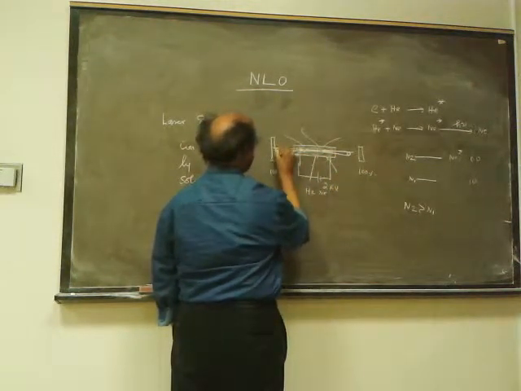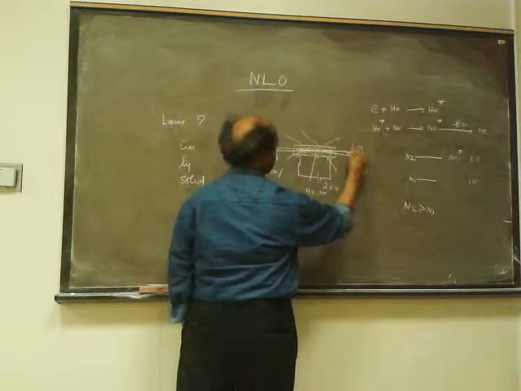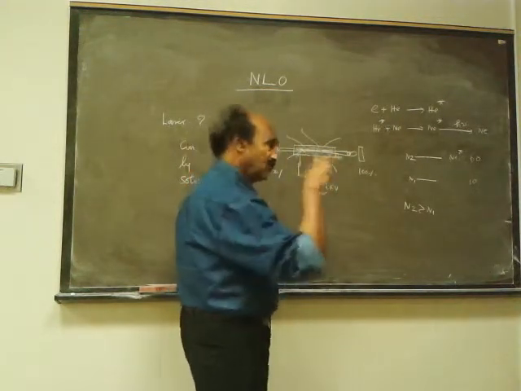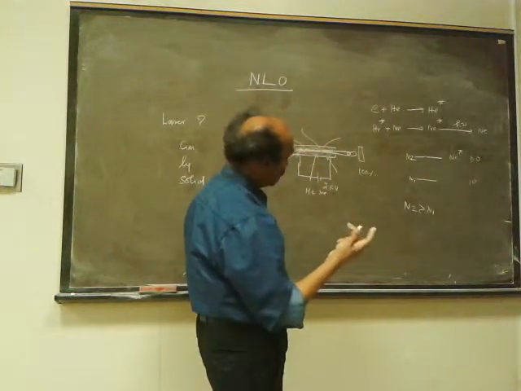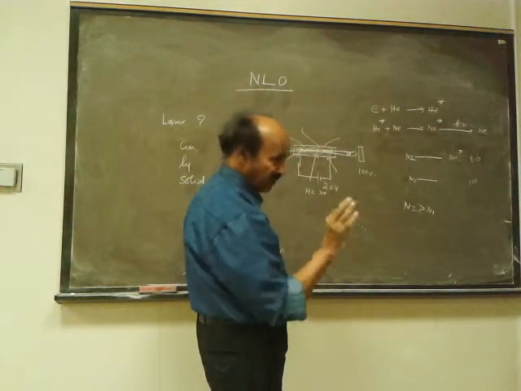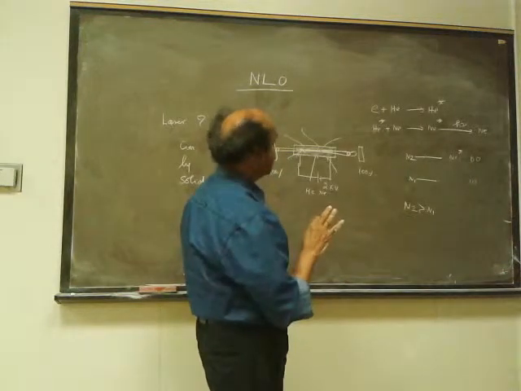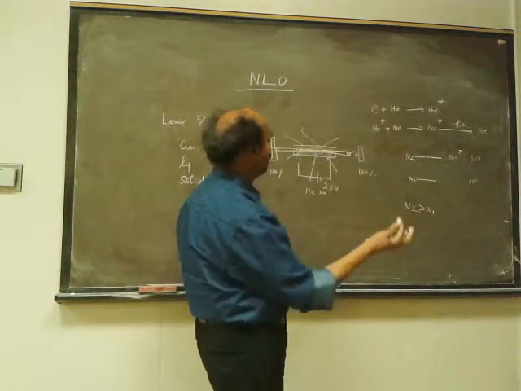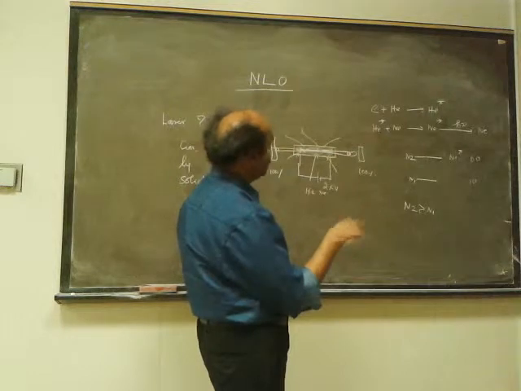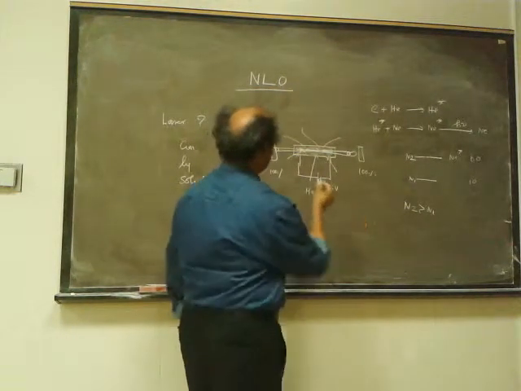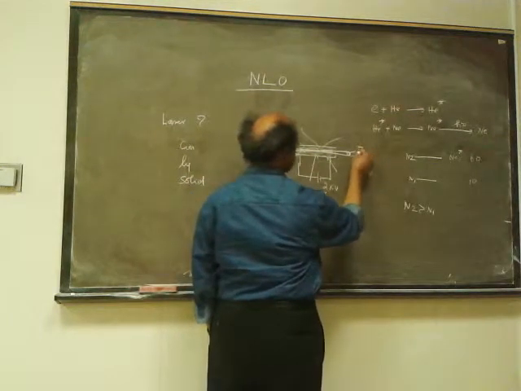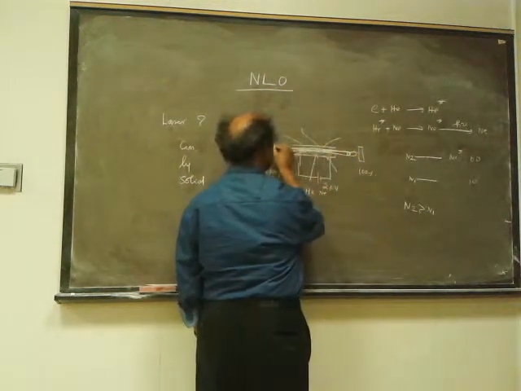In this small pattern, you will have stimulated emission and spontaneous emission. But stimulated emission will be more than spontaneous emission. The spontaneous emission is the seed starting from there. But stimulated emission growth will be more. So you will have plenty of photons which are stimulated photons in this region.